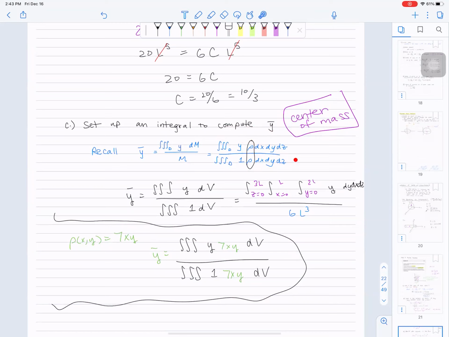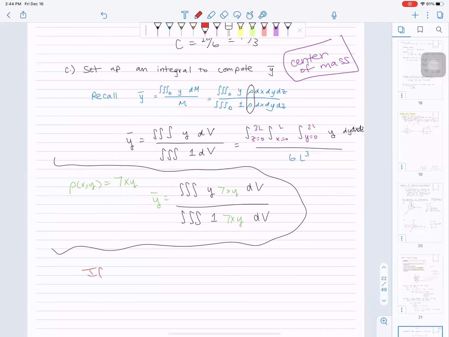But because in this specific question density is unit, our formula becomes triple integral of y times 1 dv. And now this formula is the formula for centroid. So in other words, if density equals 1, then center of mass equals centroid.